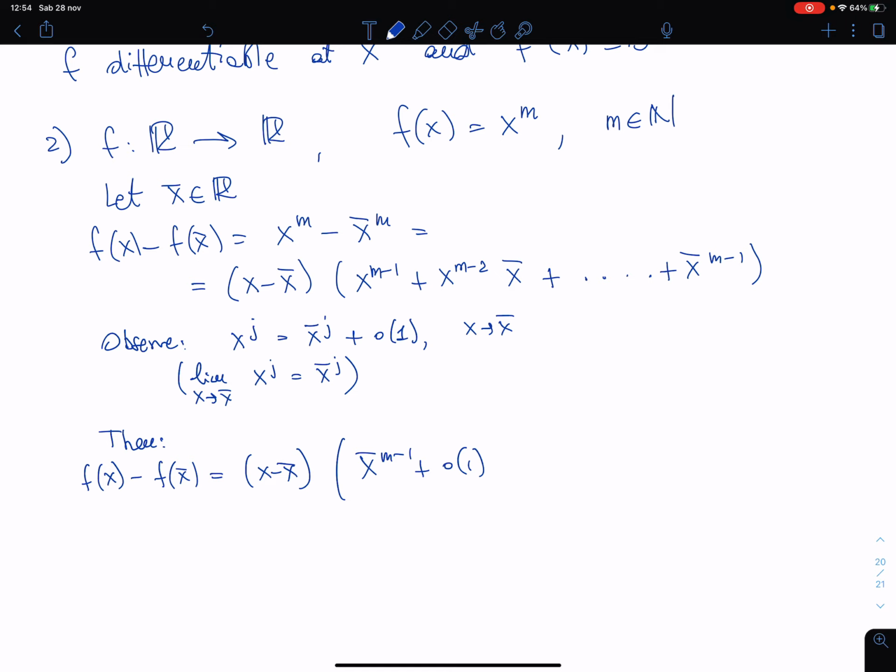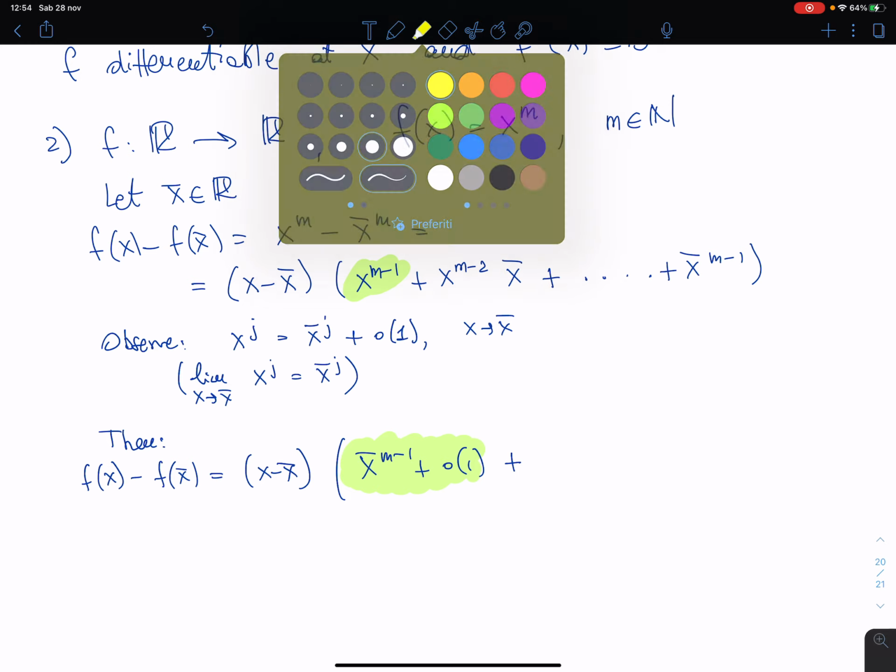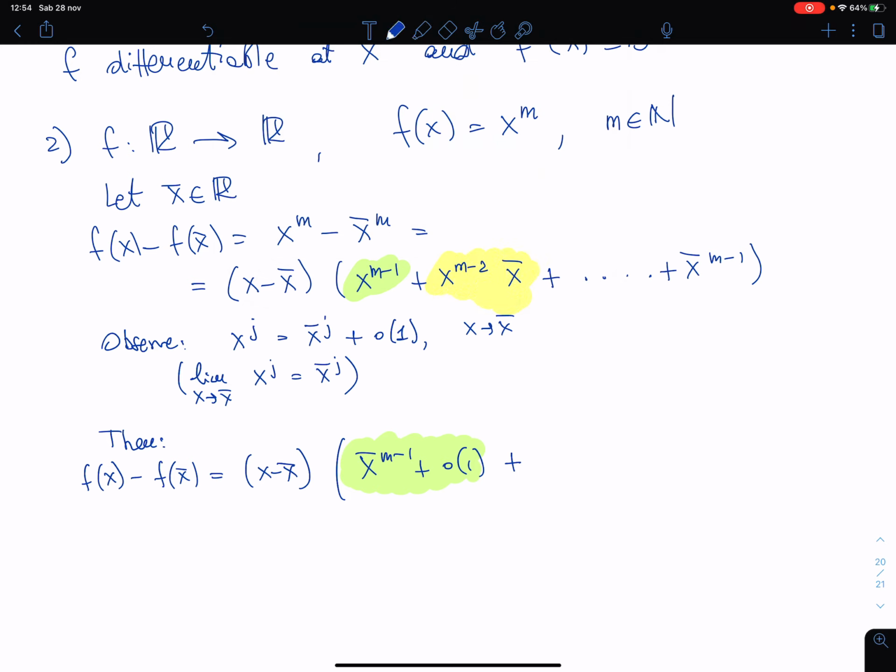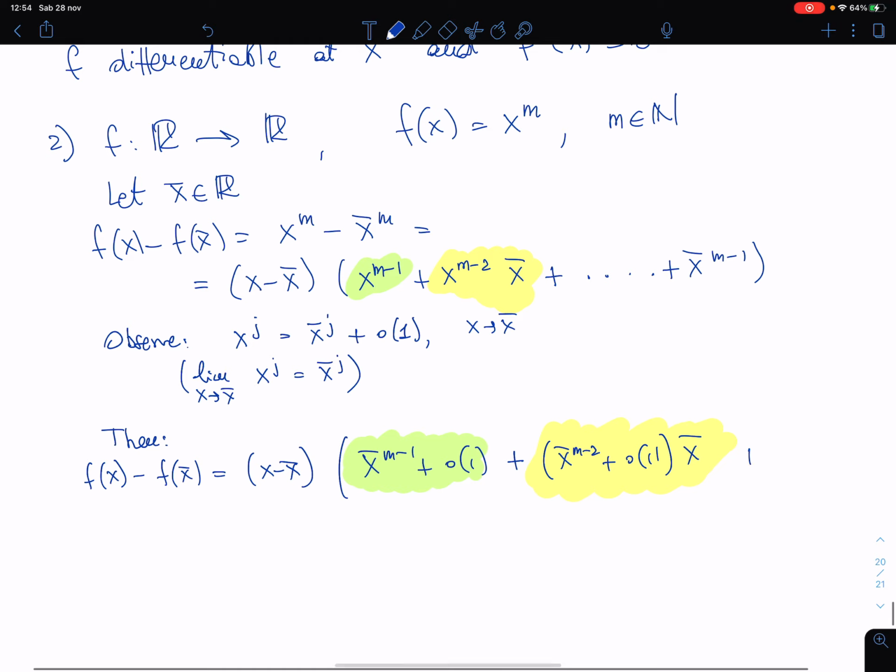And here, just to identify the term we are considering, plus, this time, x to the m minus 2 times x bar. So we have x bar to the power m minus 2 plus little o of 1. Everything multiplies x bar, and this is the yellow term, and so on and so on. So it is clear how we proceed, plus many dots plus x bar to the power m minus 1.